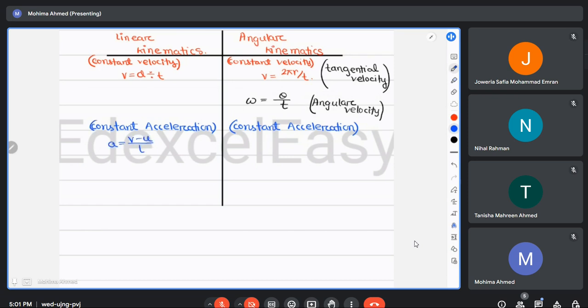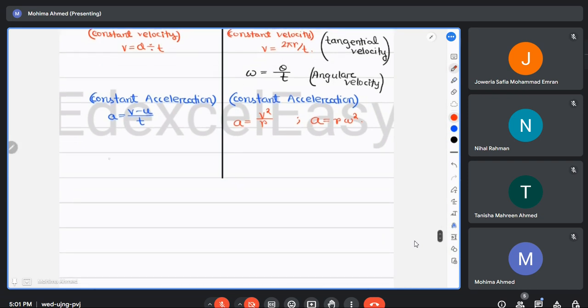This time for your angular acceleration, since now you have two types of velocity, you can write angular acceleration in terms of tangential velocity and in terms of angular velocity. So the two values for your acceleration are v square by radius, or the other one would be radius omega square. Okay, either of them can be written. I'll again explain how we're actually getting all these values.